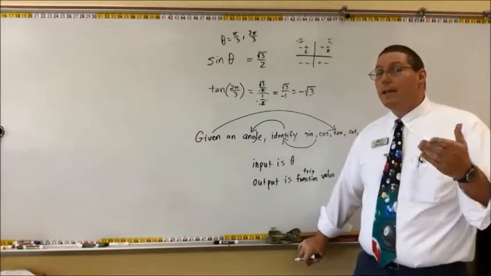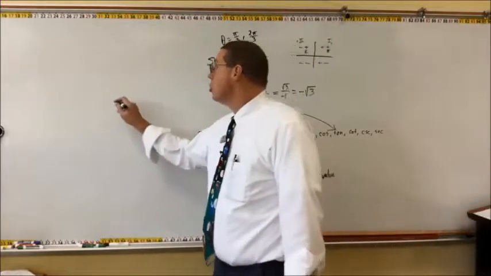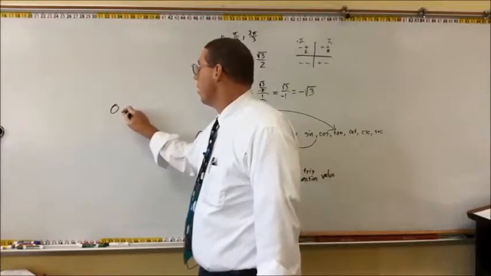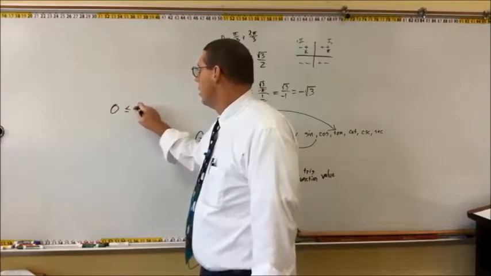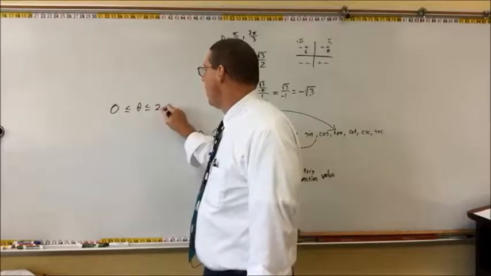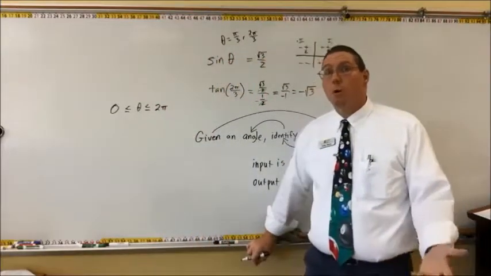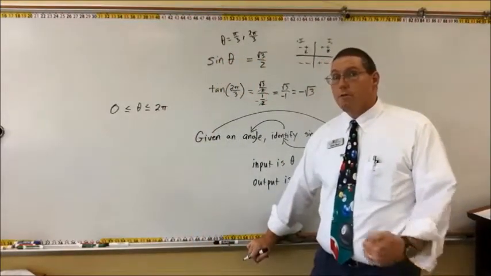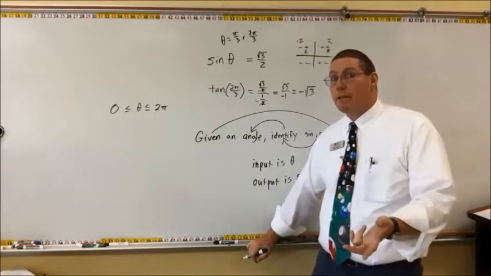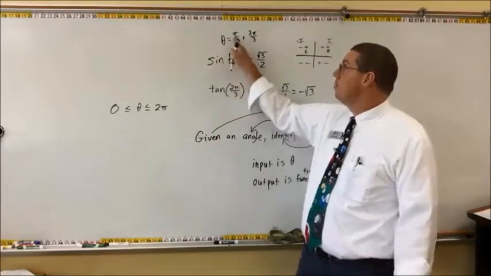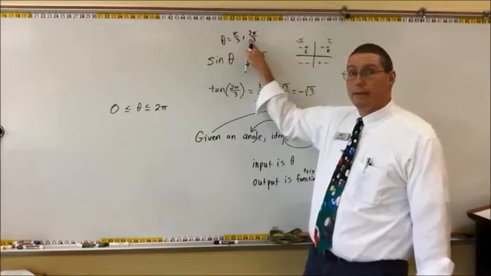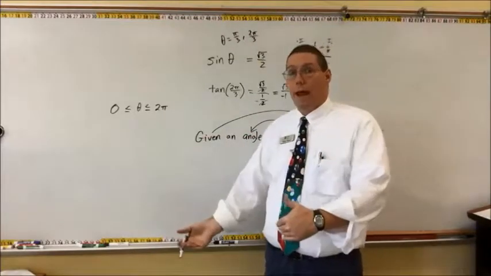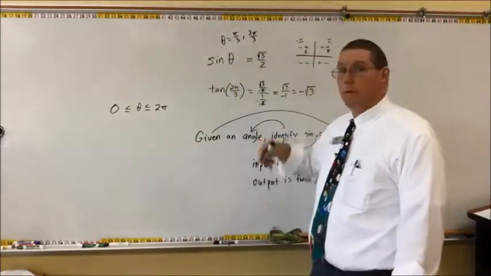Now here's the thing. Give all angles between 0 and 2 pi, because technically, because you just learned about coterminal angles, there's actually an infinite number of answers. If we add 2 pi to this and add 2 pi to this, we have 2 more angles where sine is equal to square root of 3 over 2.